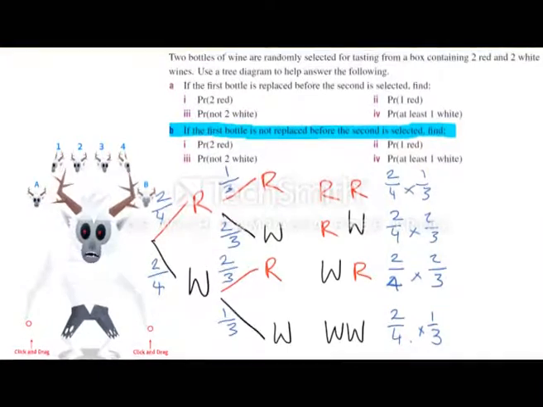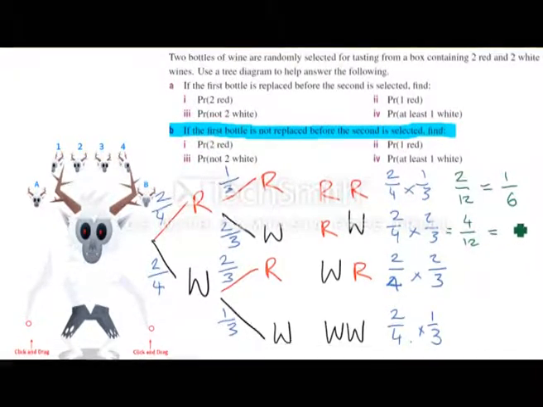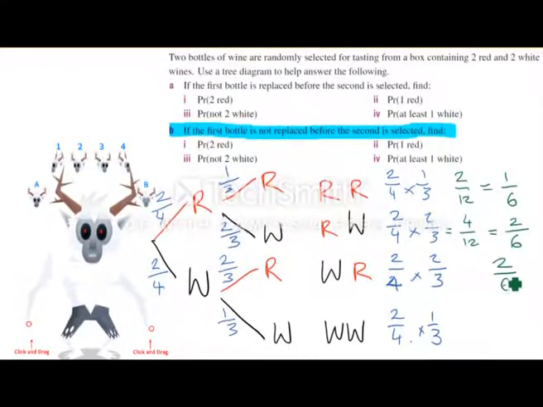Simplifying that down, it equals 2 over 12, which simplifies to 1 over 6, and the next one is 4 over 12, which simplifies to 2 over 6. It's going to be the same here because it's the same calculation, and the same down here.